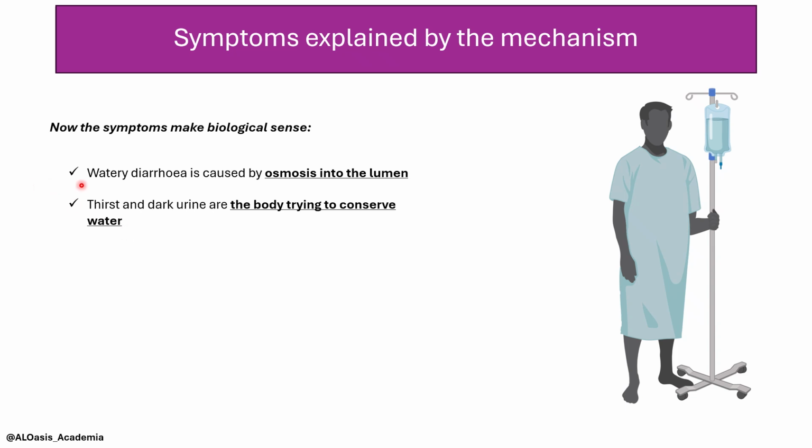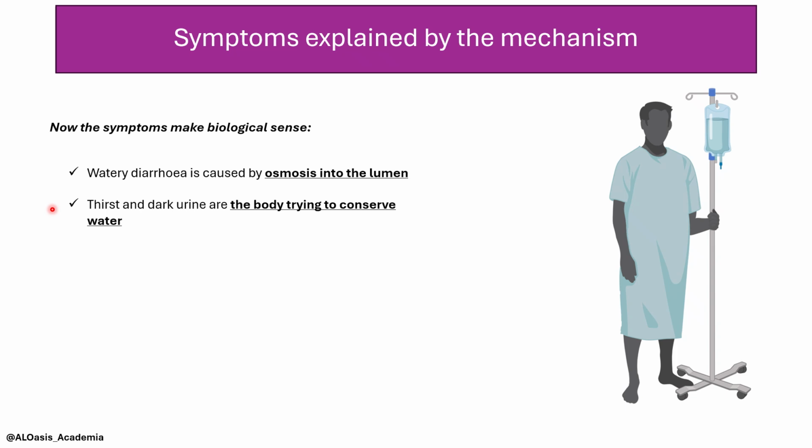So one of the main symptoms of cholera is watery diarrhea, and hopefully by now we know that watery diarrhea refers to high levels of osmosis into the lumen. A lot of water moves into the lumen, resulting in watery diarrhea. So now when we see watery diarrhea, we know the biological reason for that.